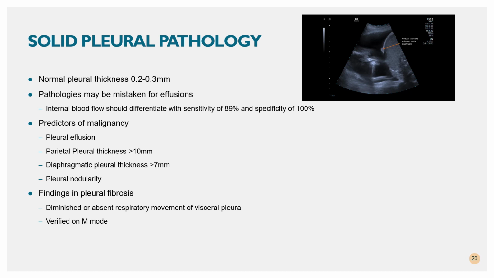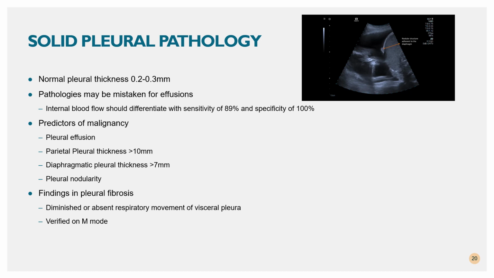Okay, solid pleural pathology occurs on occasion, and we know that the normal pleural thickness should be 0.2 to 0.3 millimeters. They're very, very thin. And so if you see an area of thickening beyond that range, then you have to be suspicious that that could be a pathology.